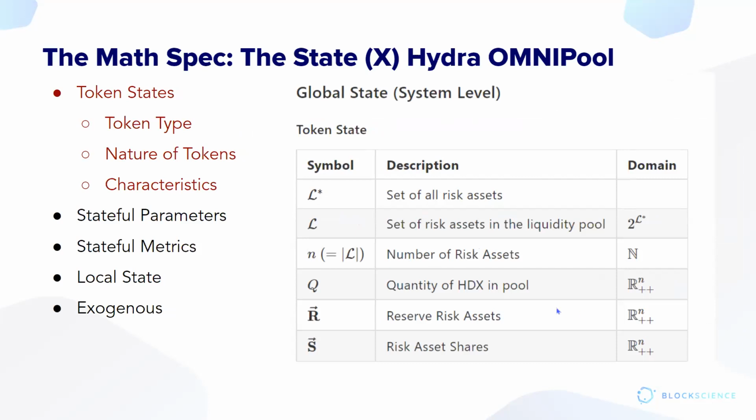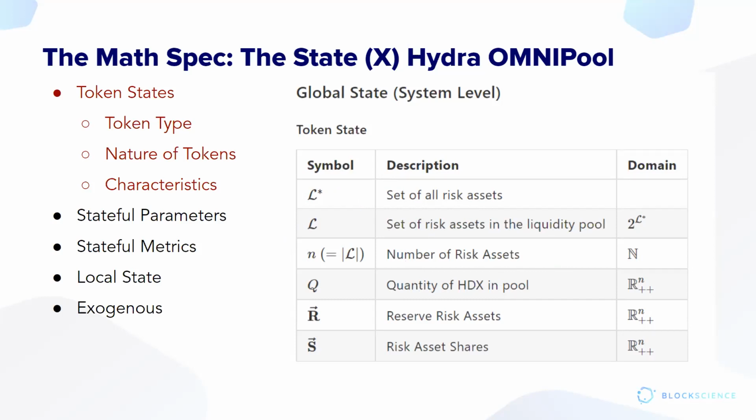I'll start with Q, and I know Jamshid focused on Q last week as well. Q are the Hydra tokens that are in any existing OMNIPool. And then we have L as the set of all available risk assets. They're not necessarily in the pool at any given time, so you could think of this almost as external, if they're not in the system itself.